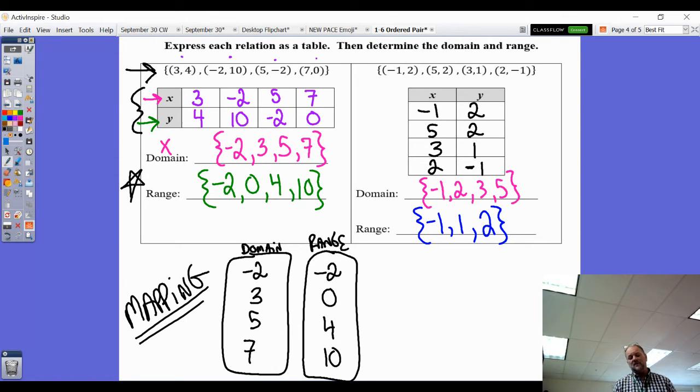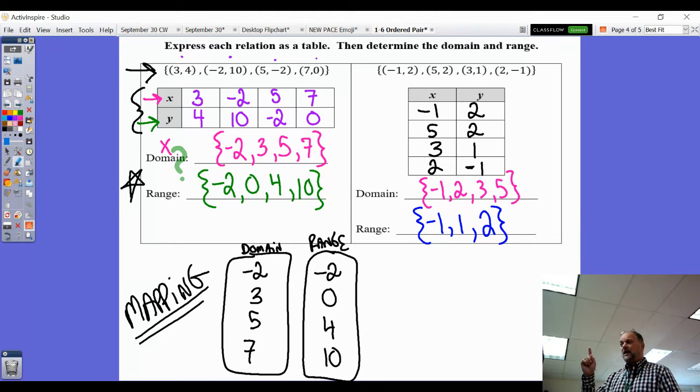And what you can do with the mapping that you can't do when you just list the numbers out: if you look at this, we don't really know what matches up with what. But with the mapping idea, you can show the connection using arrows or lines.